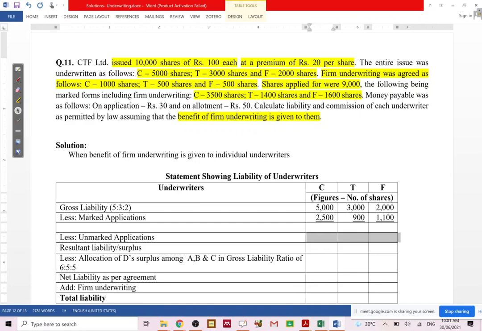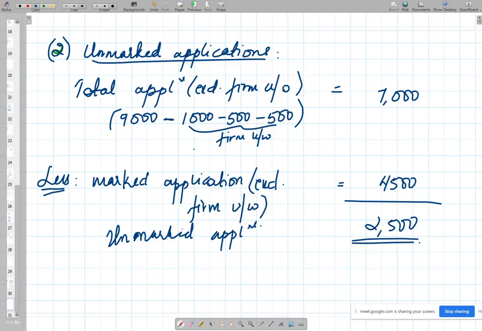But if benefit is given, then what are we supposed to do? Do not add firm underwriting to these unmarked applications. Don't do that step. Is that fine? Take these unmarked applications as it is, 2500, and distribute in the gross liability ratio.